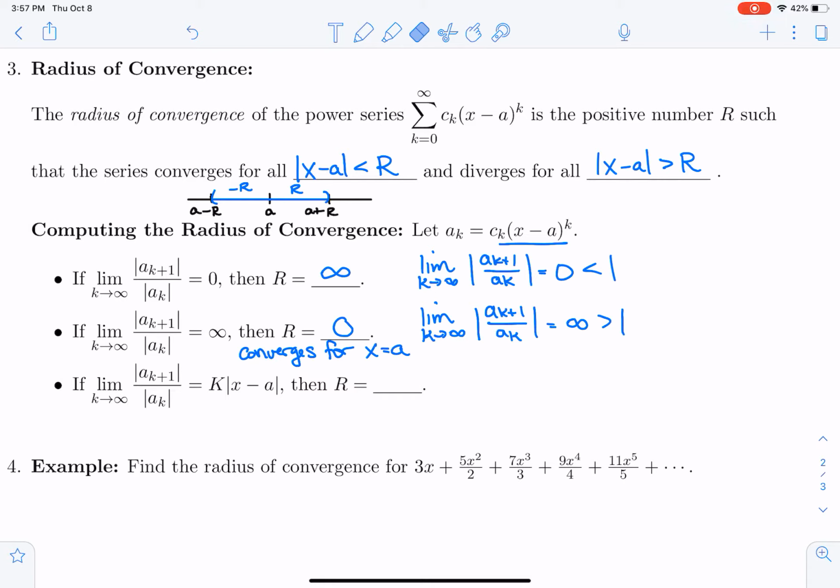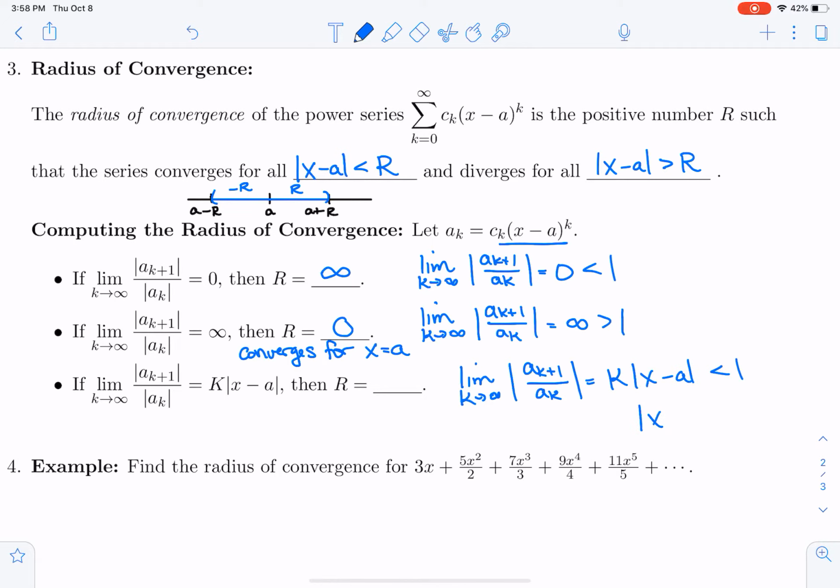Now, the third case is that the limit as k goes to infinity of our ratio of terms is equal to k times the absolute value of x minus a. That's actually what we had gotten in our previous example. We saw that the limit of a sub k plus 1 over a sub k was equal to k times absolute value of x minus a, and that had to be less than 1.